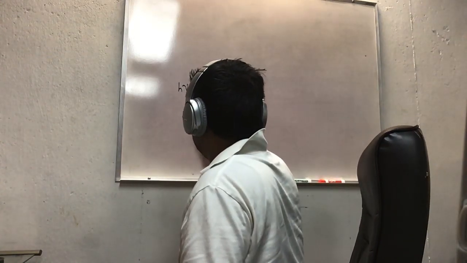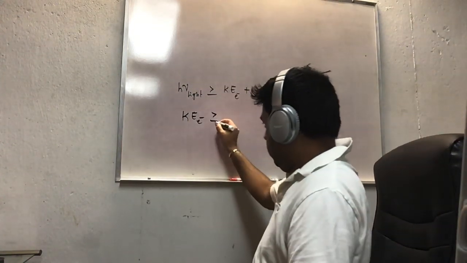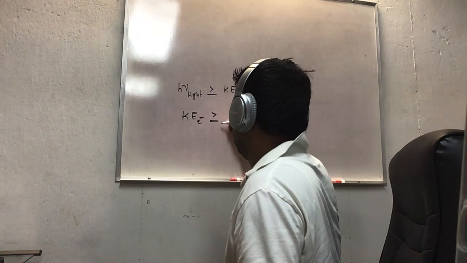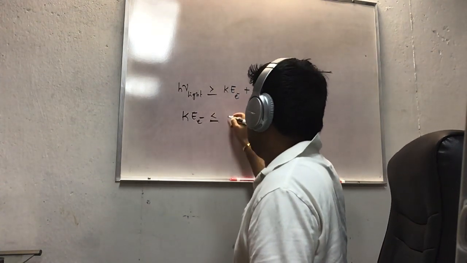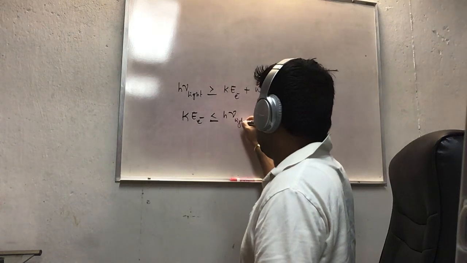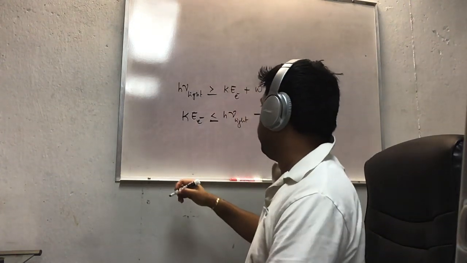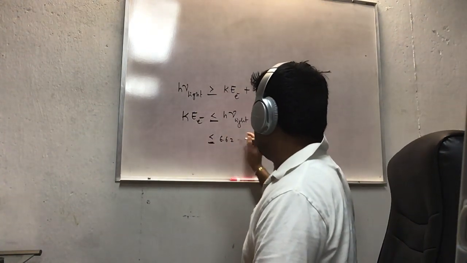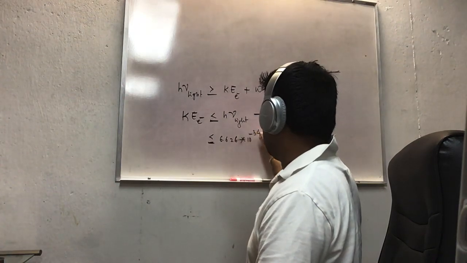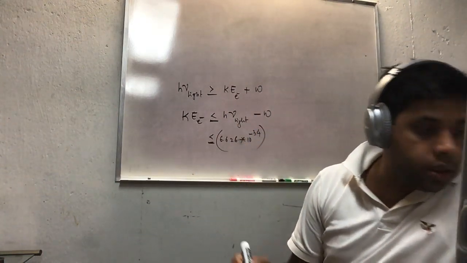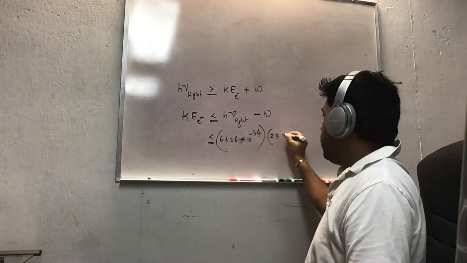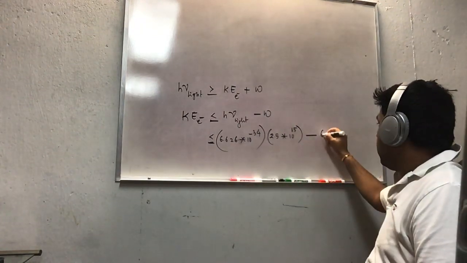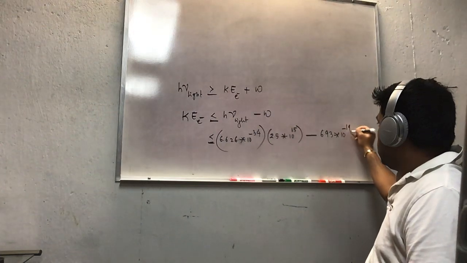So the kinetic energy is less than or equal to h times the frequency of the light, 2.5 times 10 raised to 15, minus 6.93 times 10 raised to negative 19 joules.